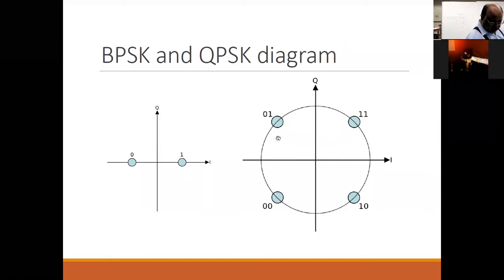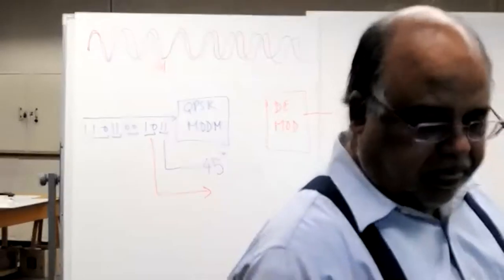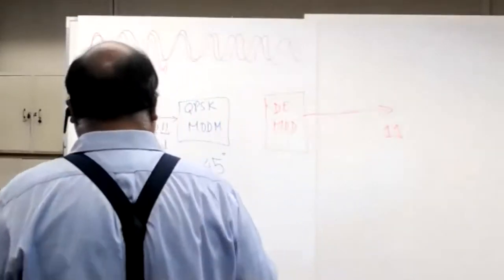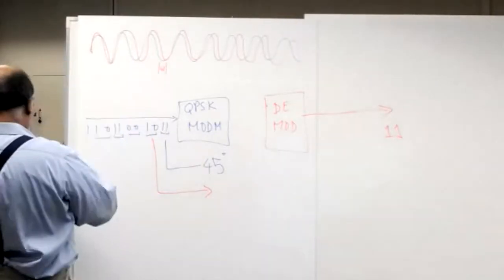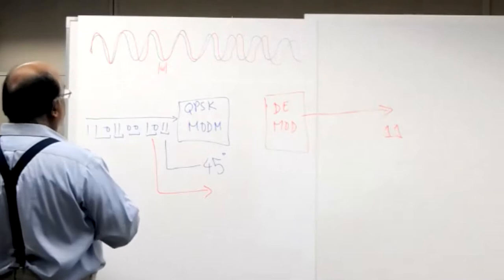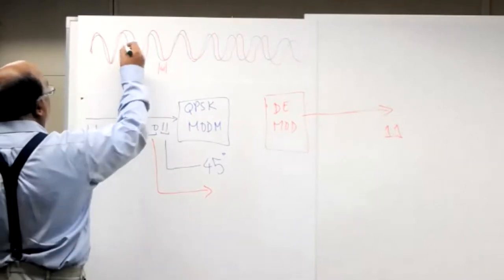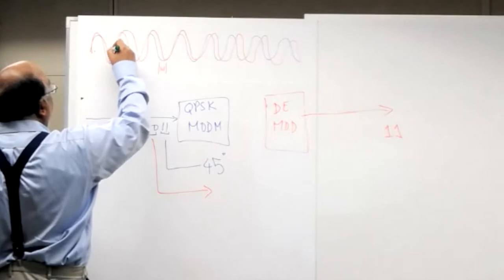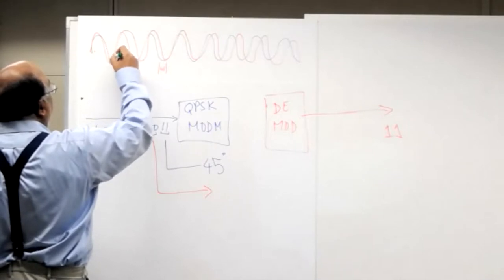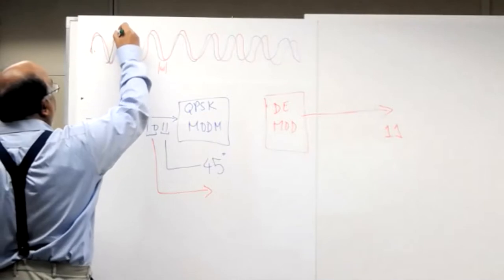So 00, 01, 11, 10, you can see this is just like a K map. When 10 was being sent, you would send a signal that was 135 degrees out of phase. This would be a signal that would represent 145 degrees out of phase.